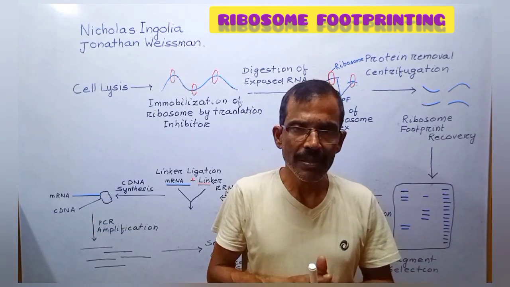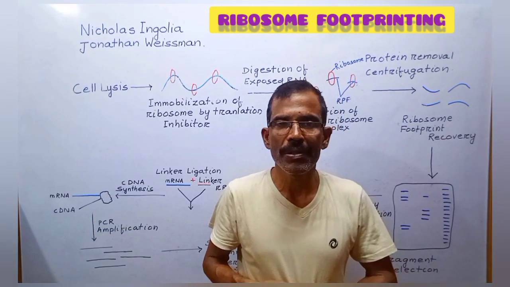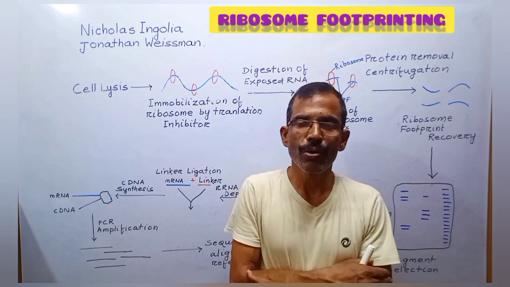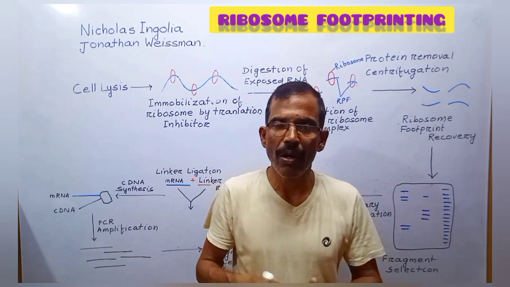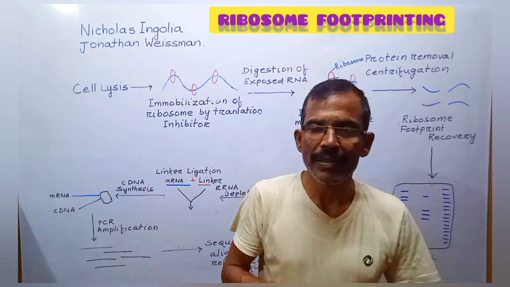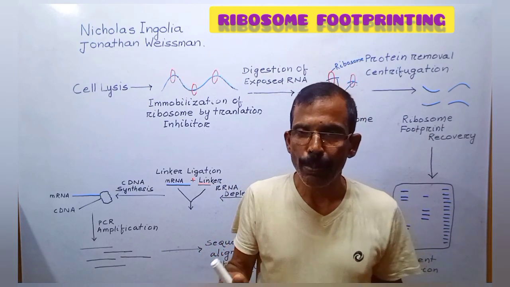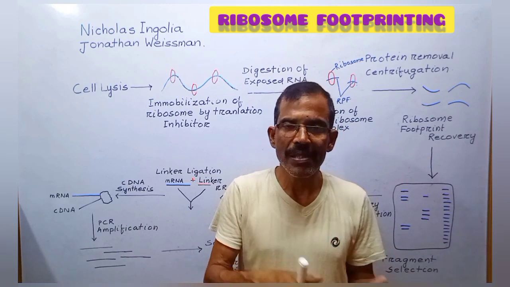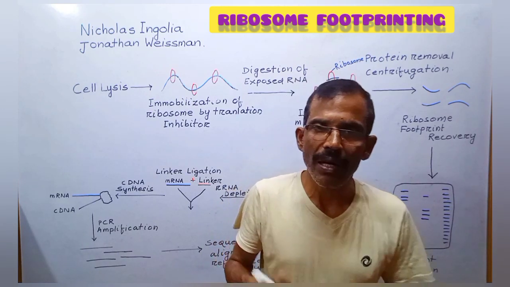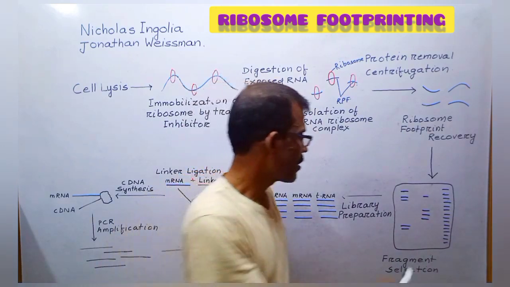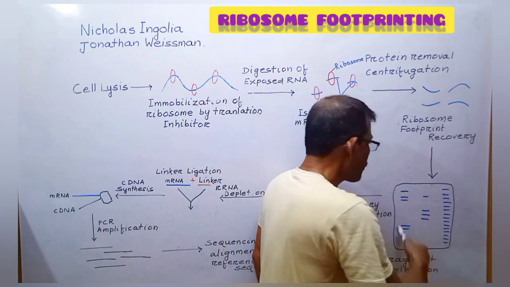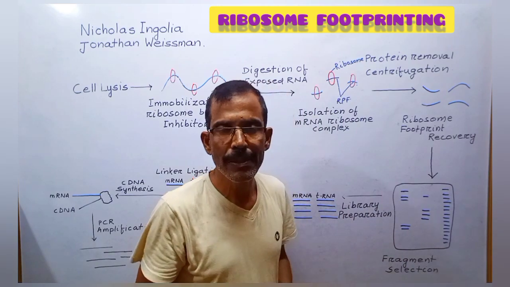Next step is size selection, in which RNA fragments which are between 26 and 34 nucleotides long are identified. The ribosome footprint should be between 26 and 34 nucleotides long. To achieve this, the RNA fragments are separated by polyacrylamide gel electrophoresis.